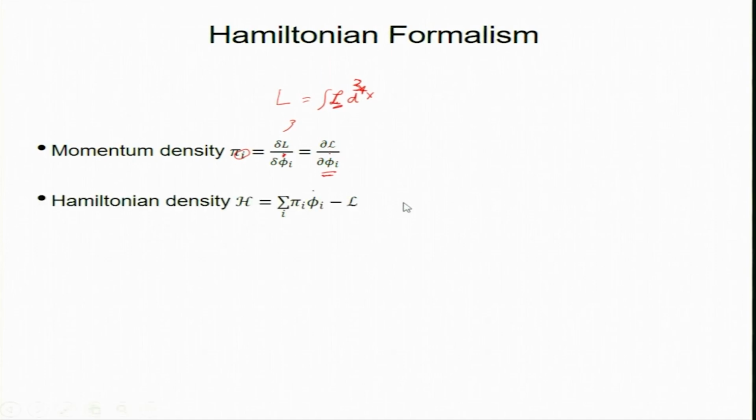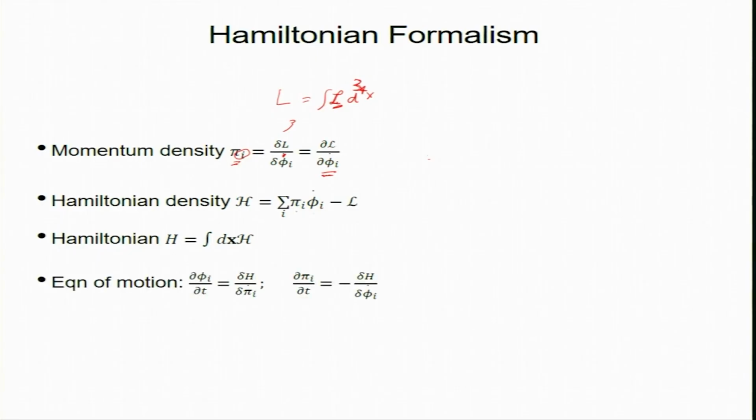I defined this as the definition: the Hamiltonian density is pi i phi i dot minus L, very similar to what we do for particles, p x dot minus L. And we define the total Hamiltonian as the integral over space. Now the equation of motion.